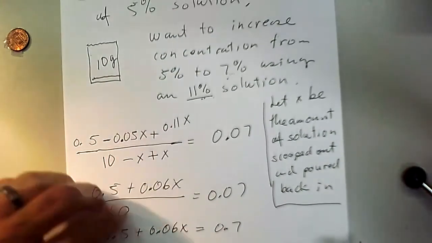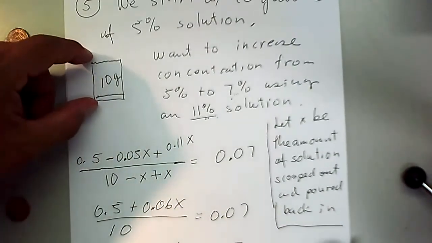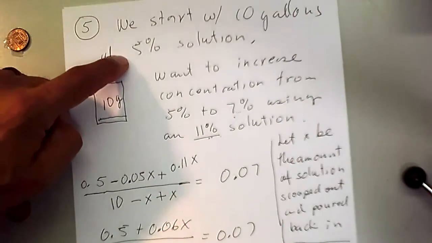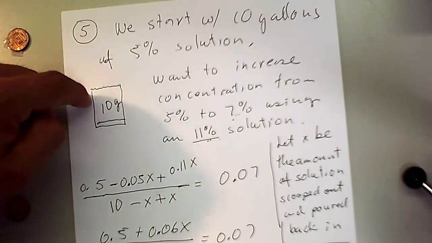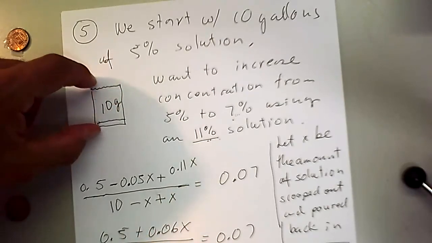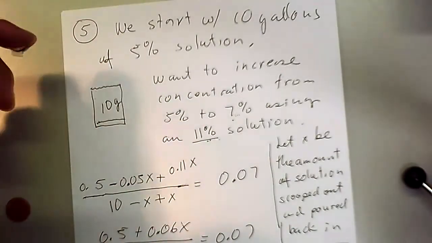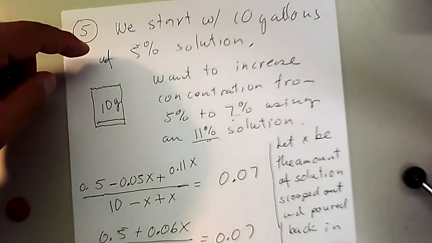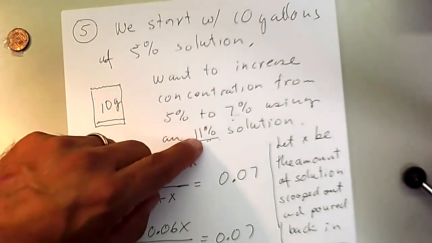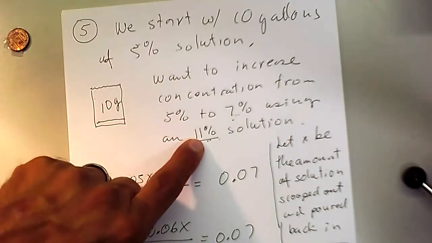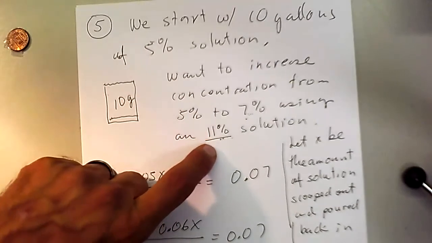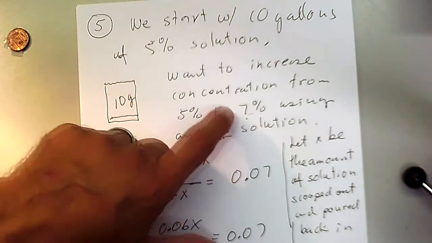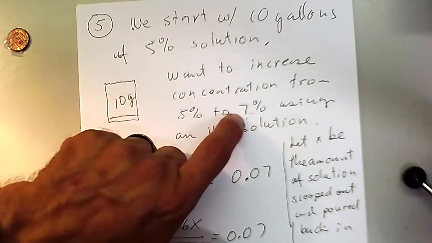All right. So again, you have 10 gallons of a mixture that is 5% concentration of a chemical, but you don't have a big container to mix more of it. So what we have to do is scoop up some and then put a stronger chemical that is 11% concentrated with the chemical. And we want to end up with 7%. We started out with 5% and we want to end up with 7%.